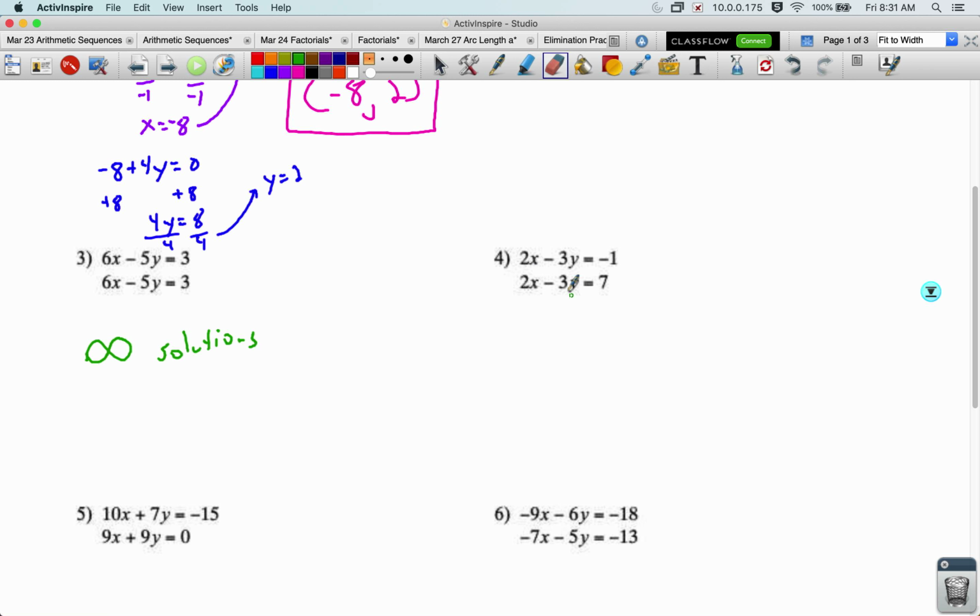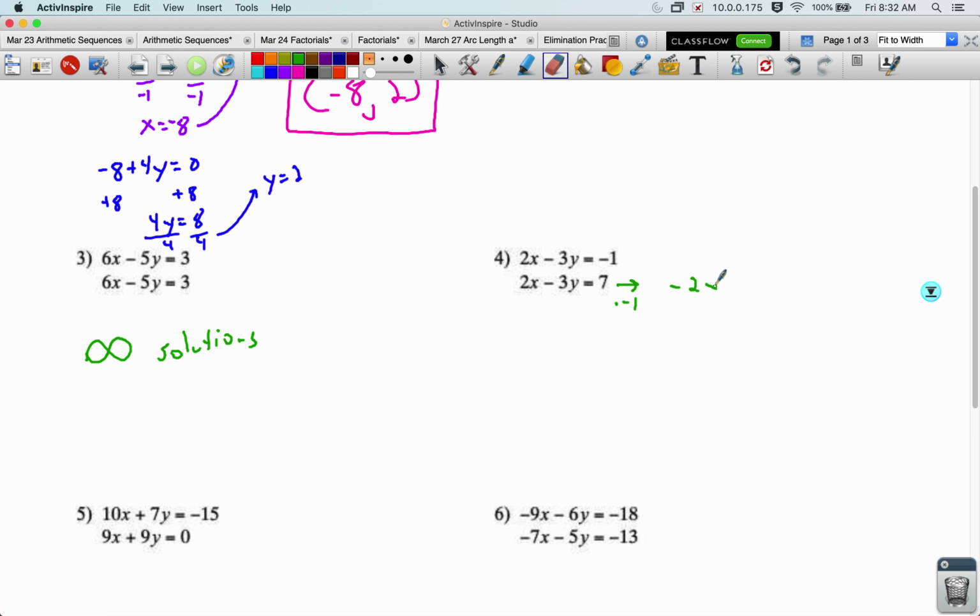Alright, let's look at 4 though. I don't have a 0 pair, but I can multiply the bottom equation by negative 1. That way I can get a 0 pair with both my x's and my y's, because the 0 pair of 2 is a negative 2. So to convert this 2 into a negative 2, I multiply it by negative 1. The same thing's going to happen with the y's.